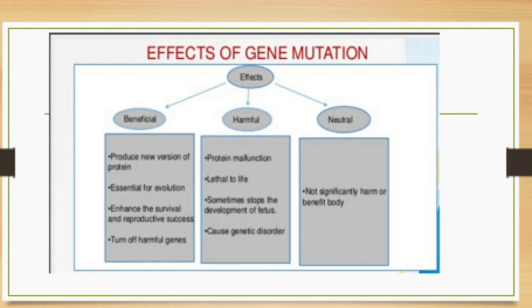So as I said before, there are different effects of gene mutation. Some are beneficial, some are harmful, and some are neutral. The beneficial part of gene mutation is that it produces a new version of a protein which will be helpful for our evolution, and because of which it will enhance our survival and reproductive success.